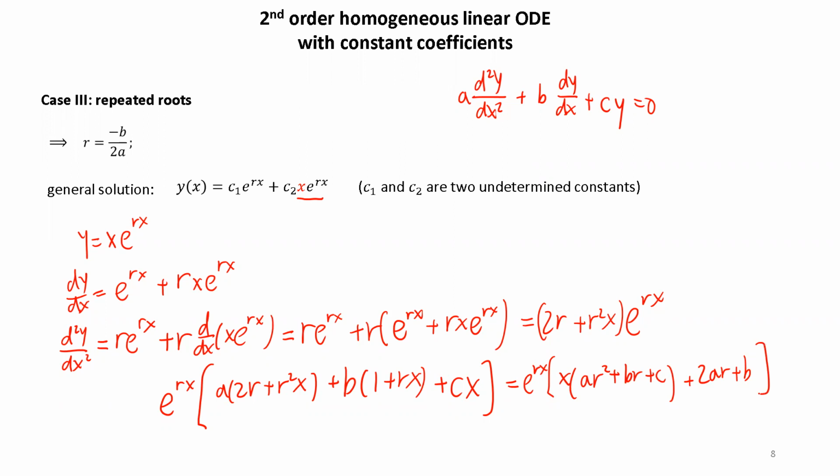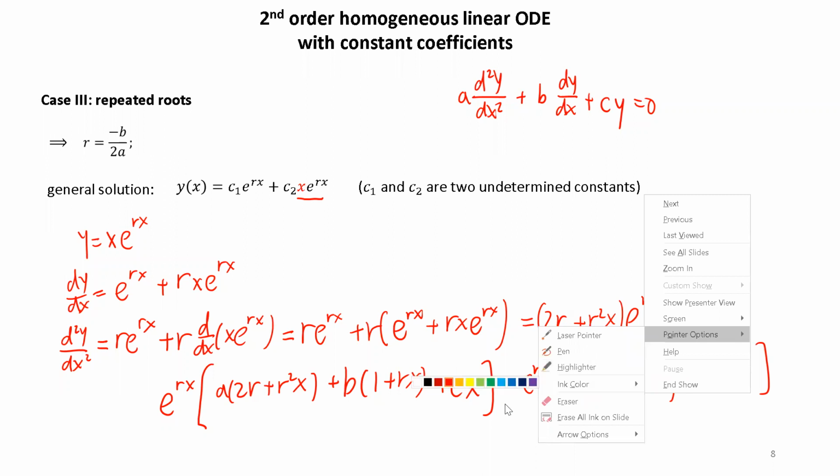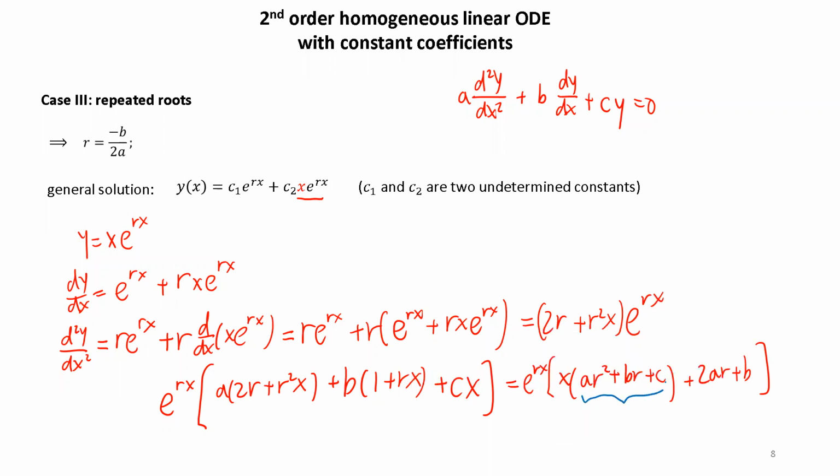Now what do we see here? R is a root of aR squared plus bR plus c, so that's why this is exactly 0. And what about this?